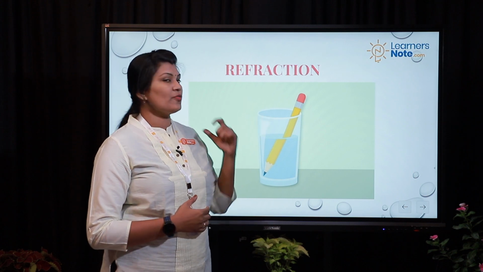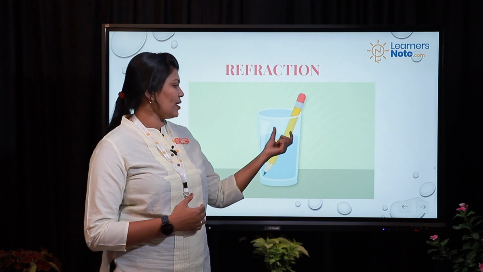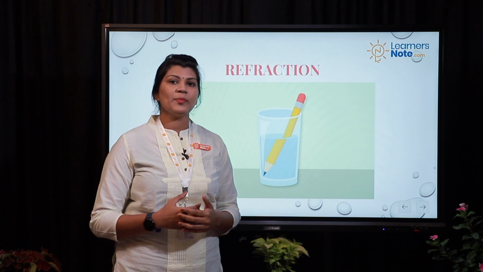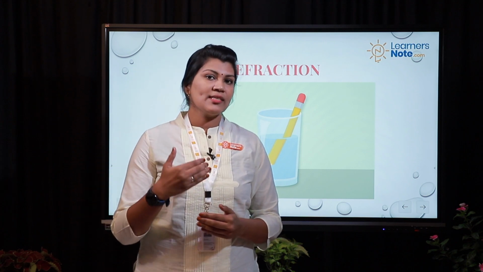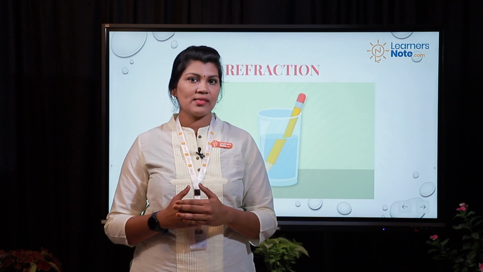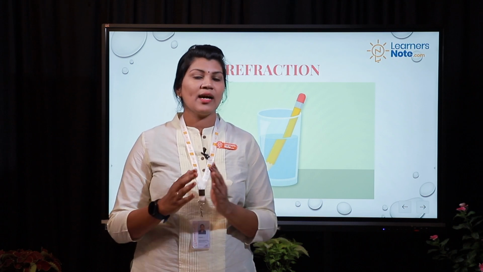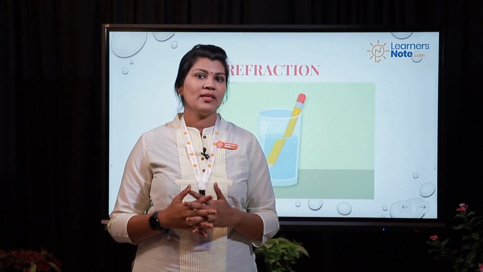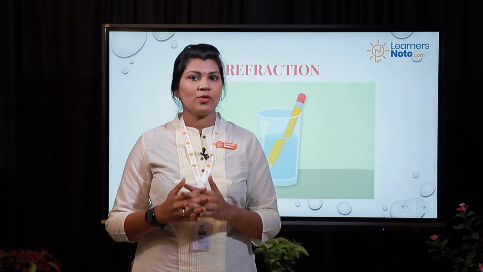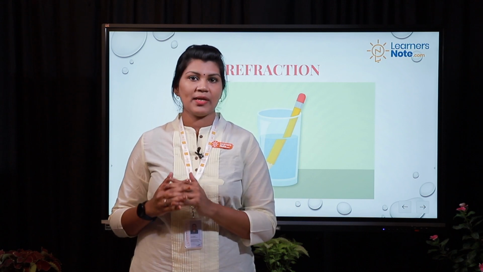This is the condition of refraction. This is what actually happens here. The same process happens in the case of lenses. When light rays enter a lens, they bend and converge at a particular point. At the point of converging, they form the image of the object from which the light rays are coming.